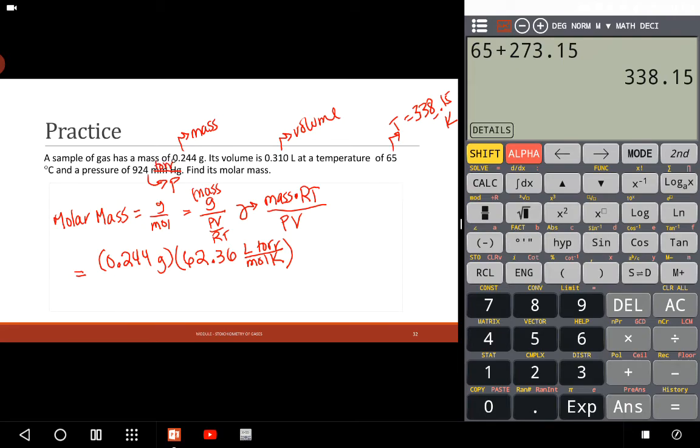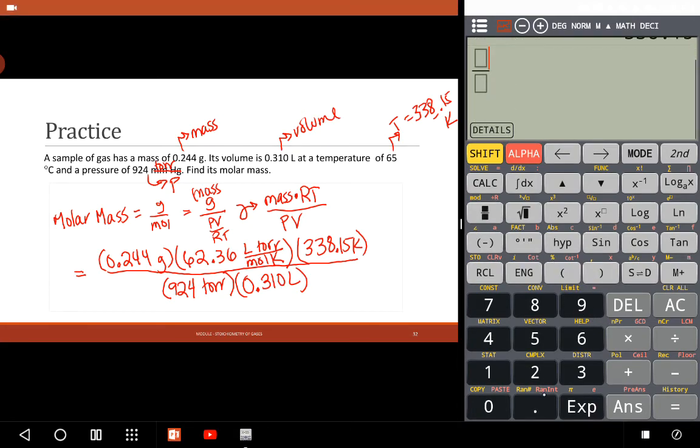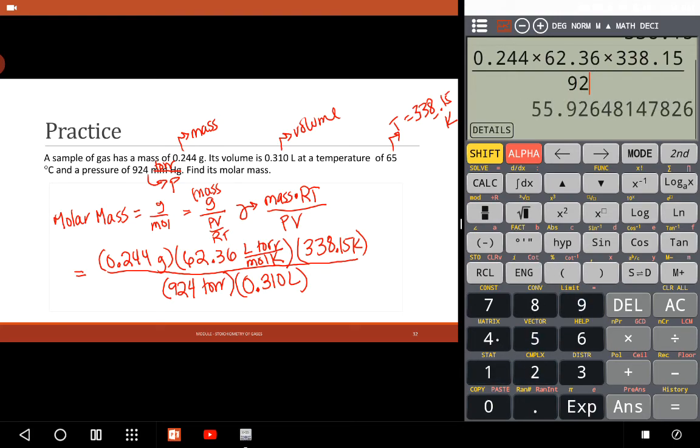Then my temperature was 338.15 Kelvin. And then my pressure was 924 torr, and my volume was 0.310 liters. So that is 0.244 times 62.36 times 338.15 divided by 924 times 0.310.